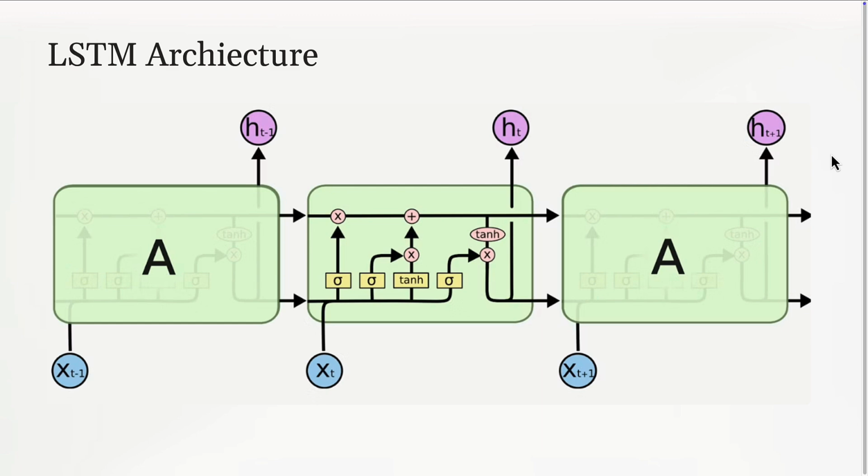Okay. What I want you to understand from this slide is that we have two roads for the information flow. This road is going to carry the long-term memory. You see, it's like a shortcut. And this one goes through complications to choose what kind of information I need to keep shortly from this state and its hidden state.